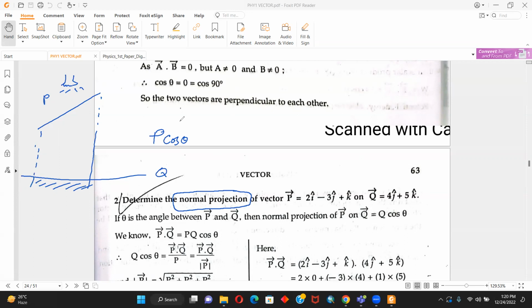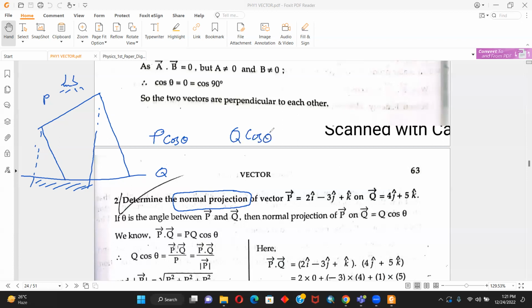Now the point is, when we are saying normal projection, we have to consider something perpendicular. Now how does this become Q cosine theta? It's part of the mathematics portion.